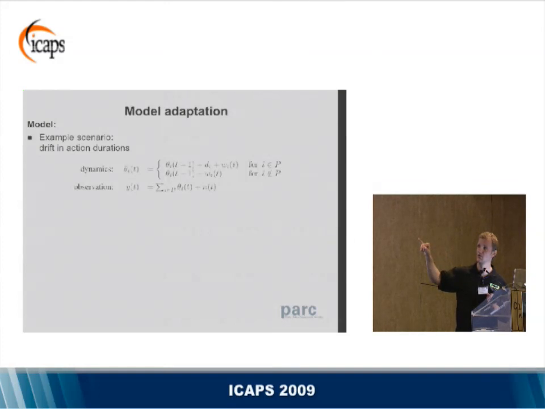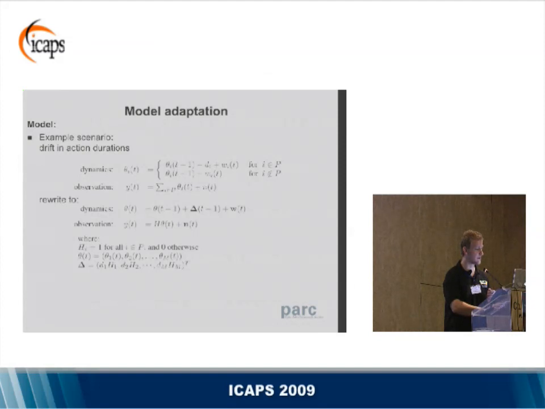Each time we don't use a component, there's no drift. The drift is due to degradation. We can use this dynamics model, and the observation is that we accumulate all the action durations plus some random noise. We can rewrite this, and what's important here is the h value, which indicates which of the actions are in that particular plan and which are not.